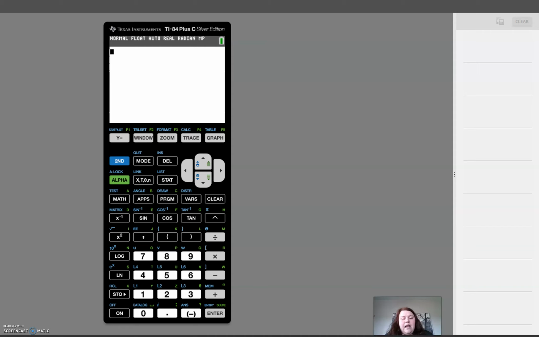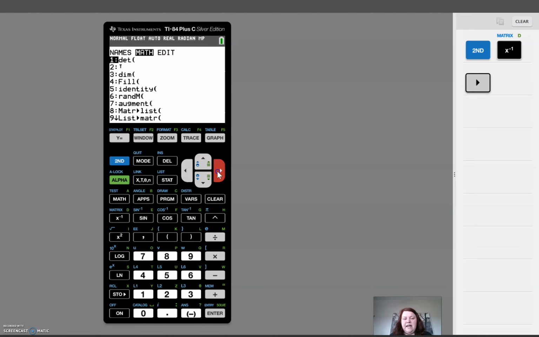So, like I said, I'd like to go through this worksheet together, and we're going to start with step 1. In order to enter a matrix on your calculator, I'm going to press the second button, and then the X to the -1 button. Since we're entering the matrix for the first time, we're going to go over to Edit, and we're going to choose option 1, which is A. Now, if you look at the matrix on your paper, it's a 2 by 3.